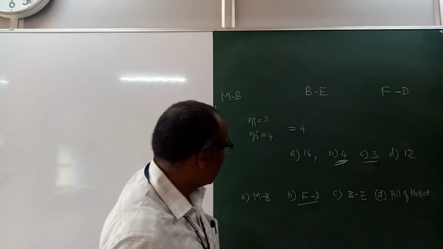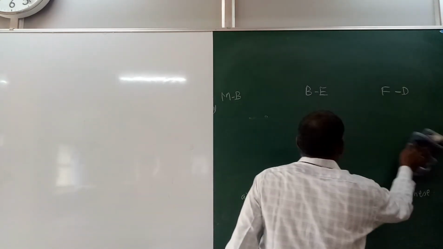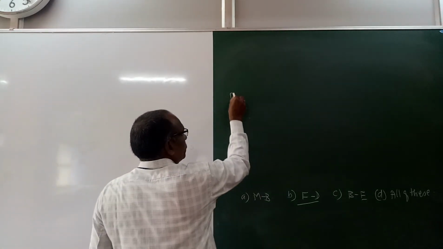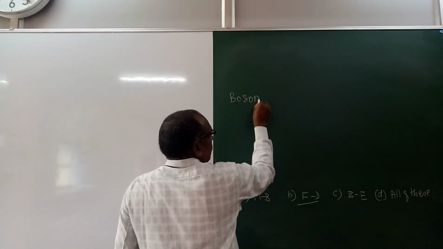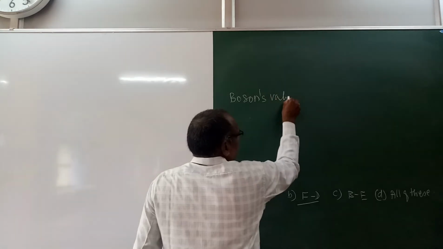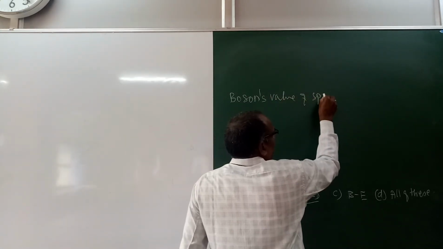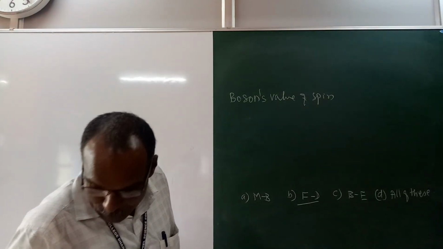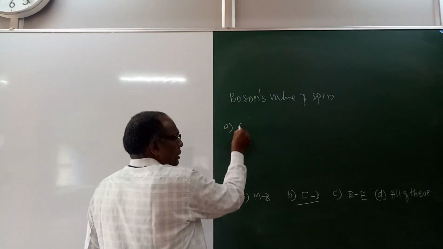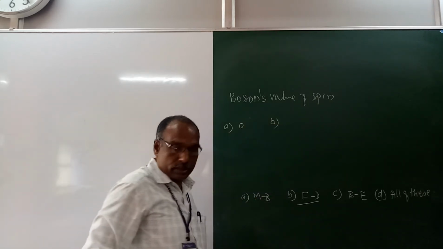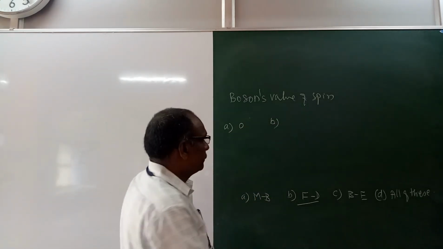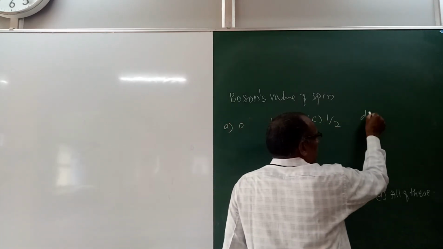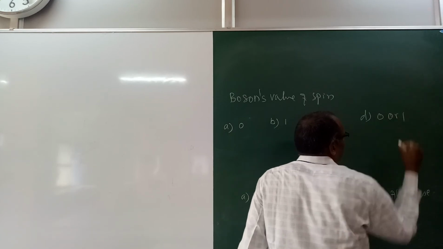Next question: bosons' value of spin. Alternate answers, 4 answers. A is 0, B is 1, C is half, D is 0 or 1.